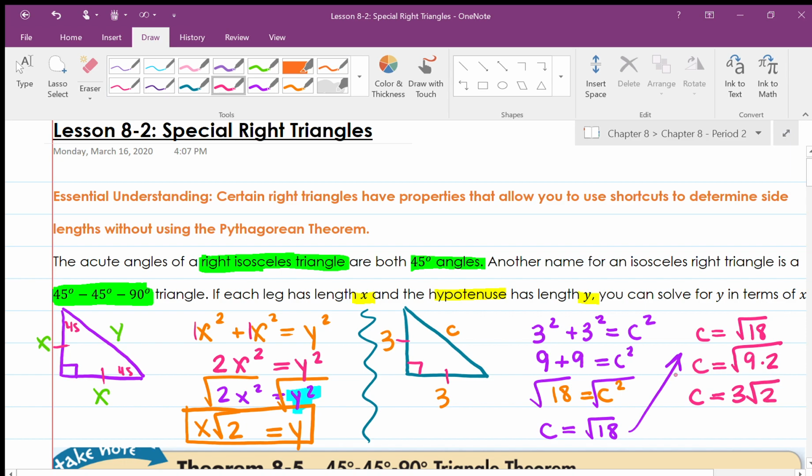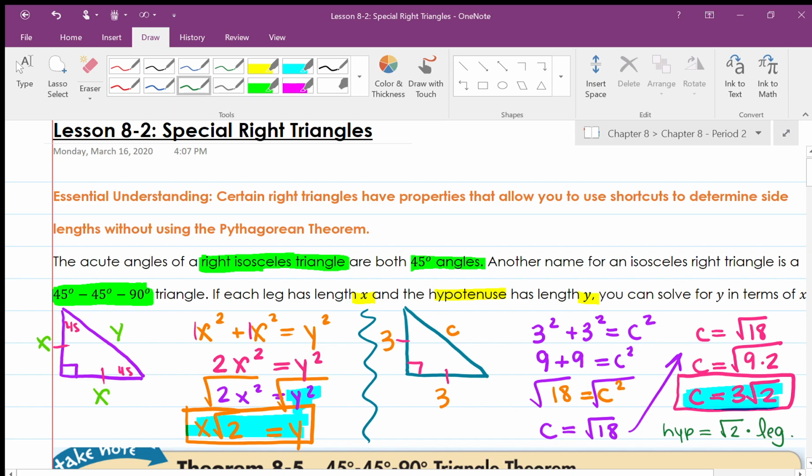The important thing about this lesson is to notice these two that we just broke down. Your hypotenuse, in this case c, or over here y, is always going to be equal to the square root of 2 times the leg. In this case, the leg was 3, times the square root of 2.